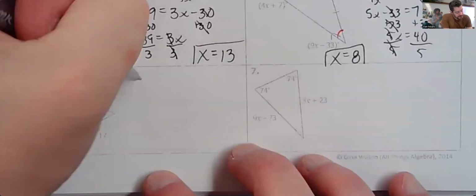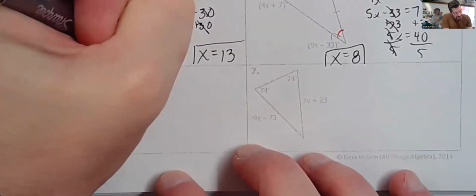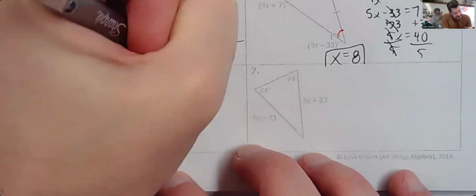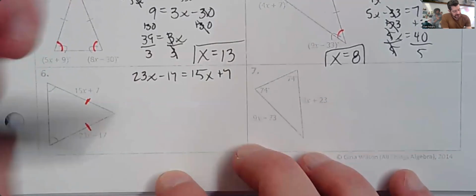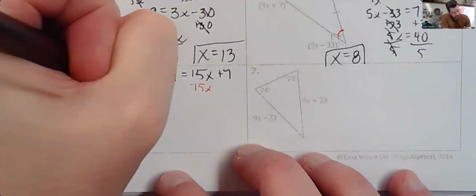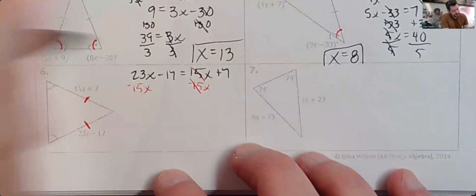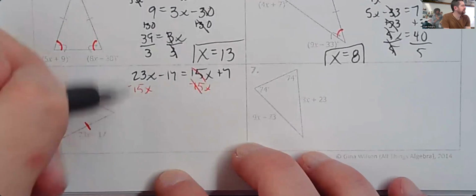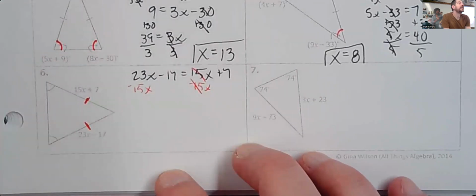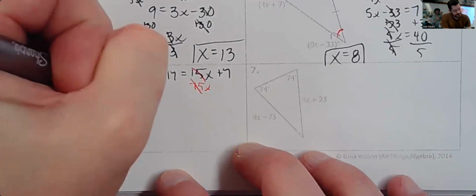So here we go. 23x minus 17 equals 15x plus 7. We'll go ahead and subtract 15x from both sides. What do we get here? What's 23 minus 15? 8, yeah, all right.